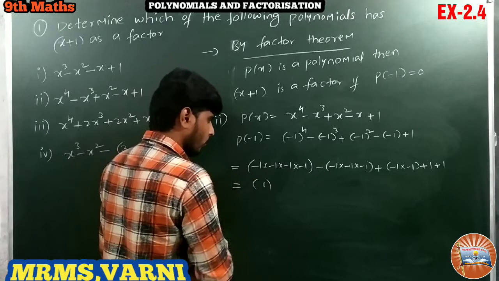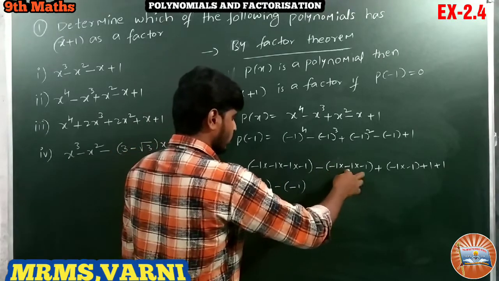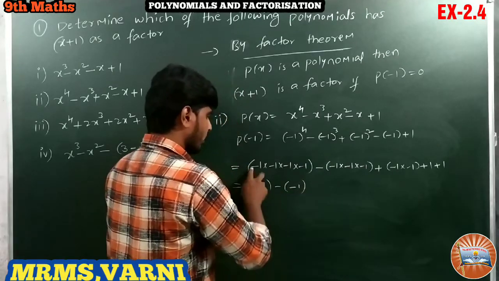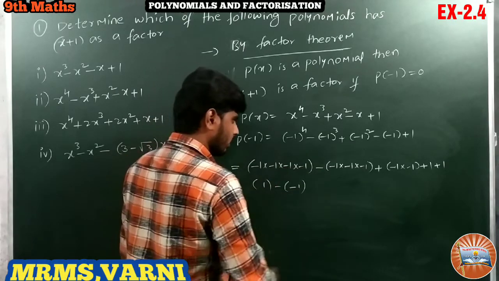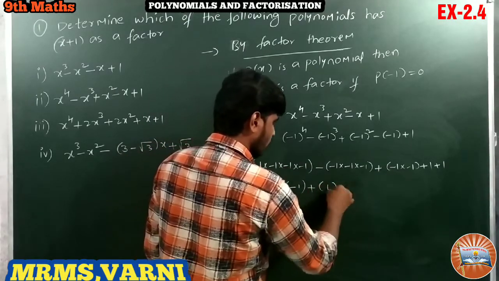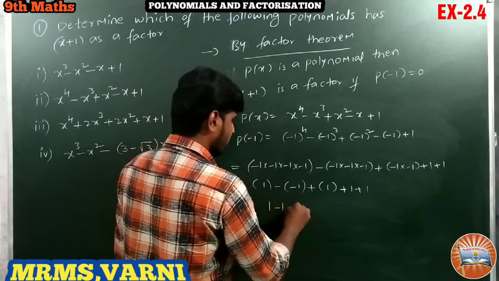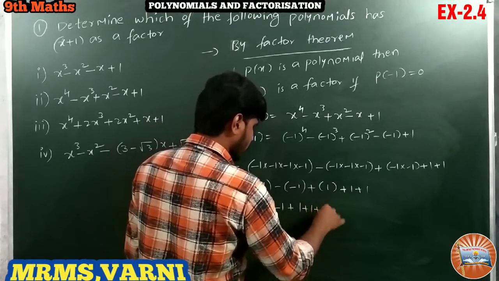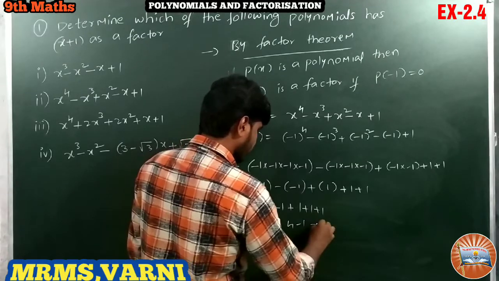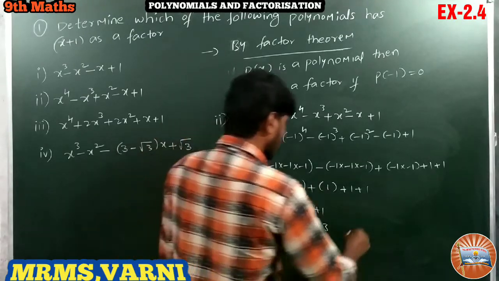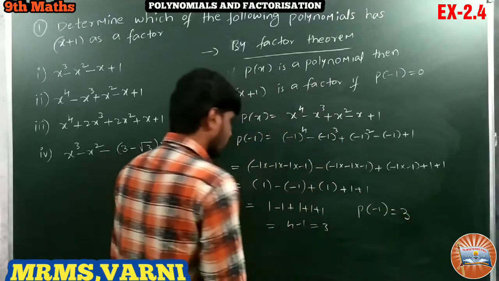So this is nothing but 1 minus 1 plus 1 plus 1 plus 1, nothing but 4 minus 1, 3. So what we got? P of minus 1 is equal to 3 we got.